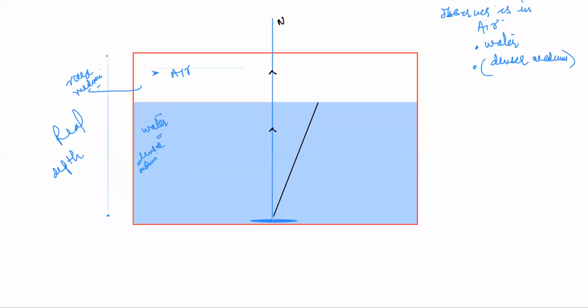Reaching the surface of water from the coin. As it reaches the surface of water, there is always a normal. I have told you many times by now.